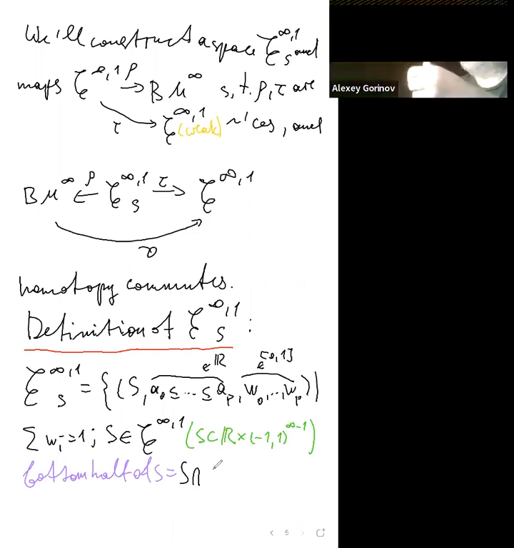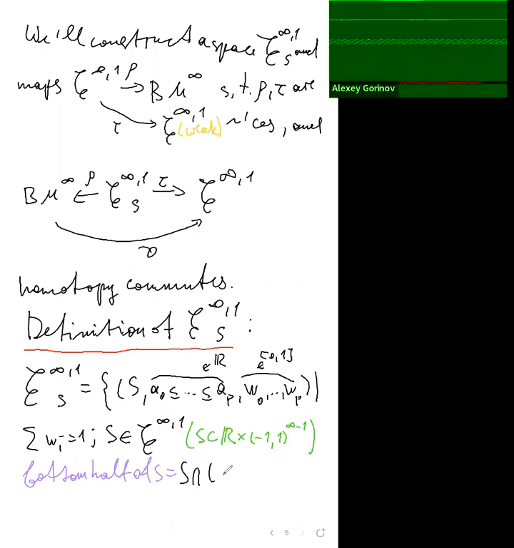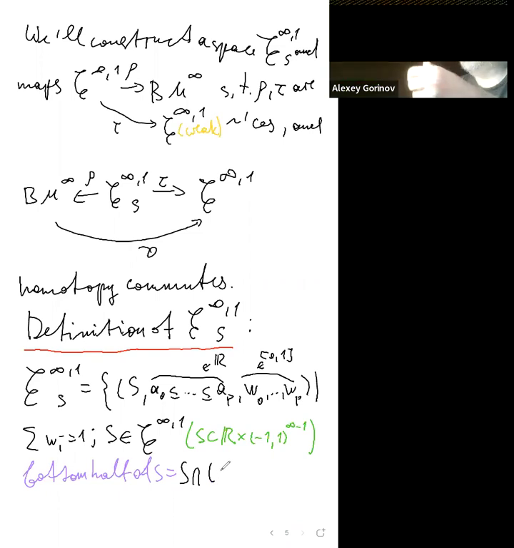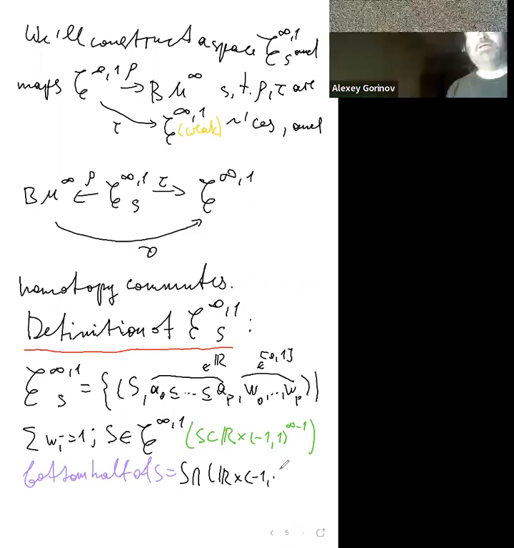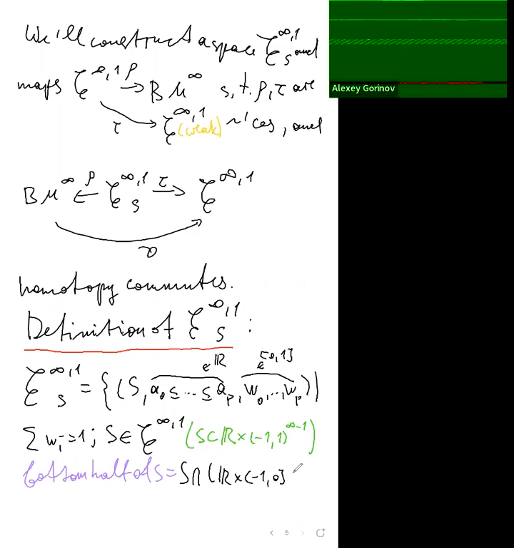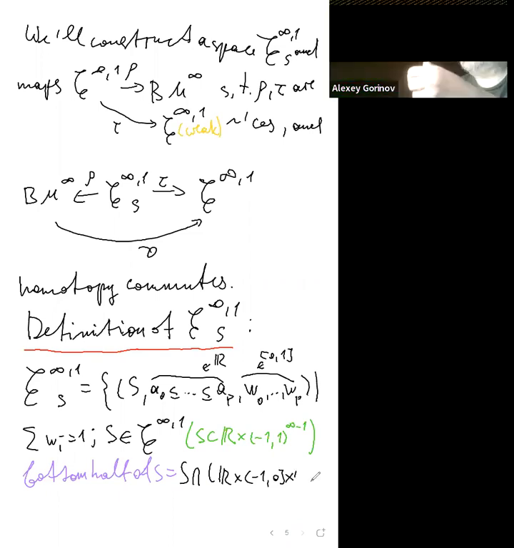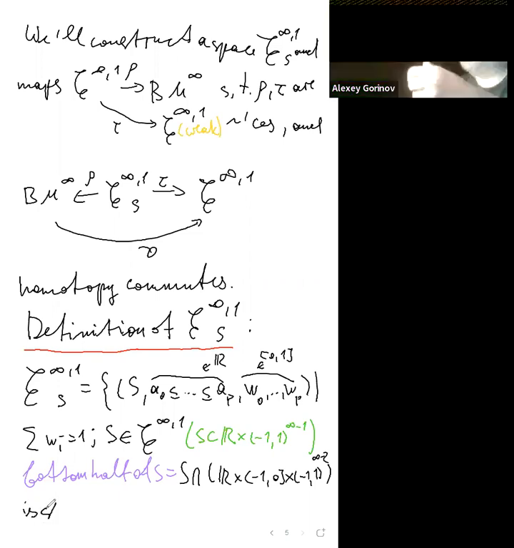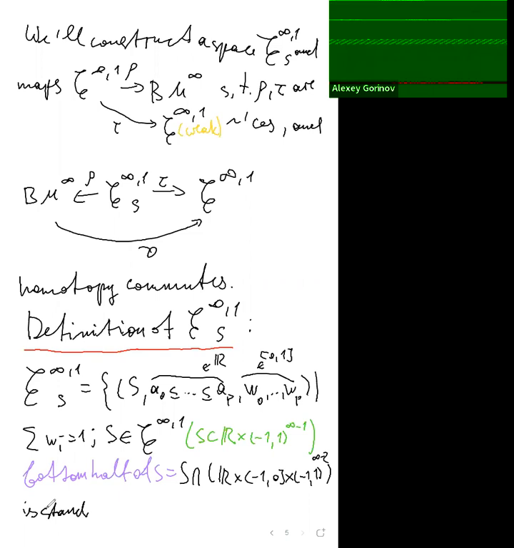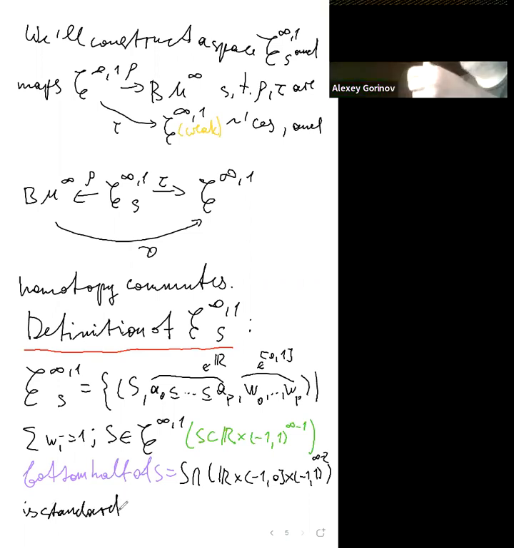Well, it's S intersected with R cross minus 1, 0 cross minus 1, 1 to infinity minus 2. Is standard.